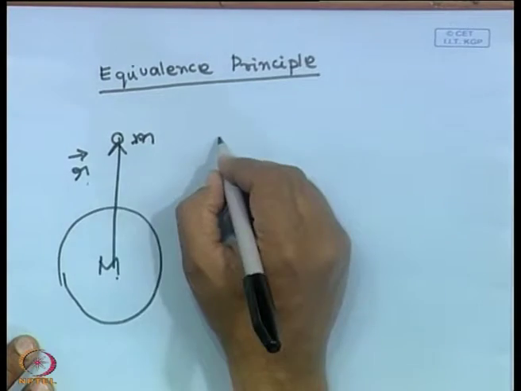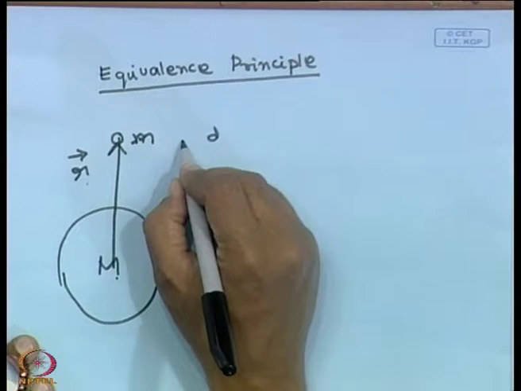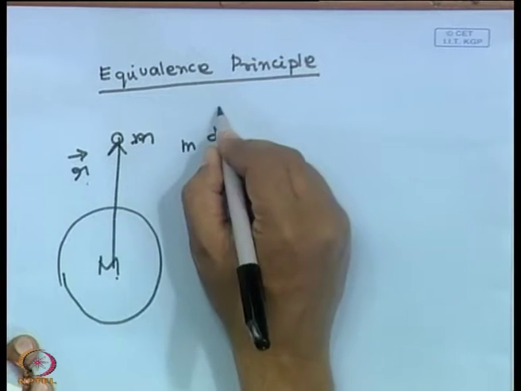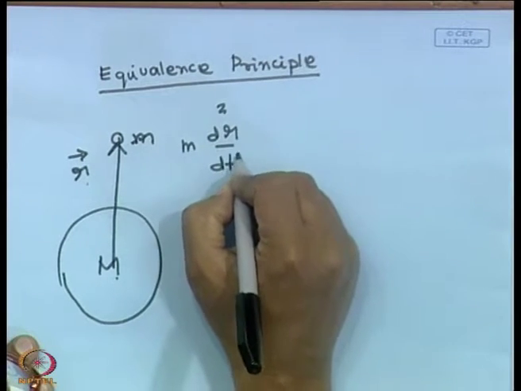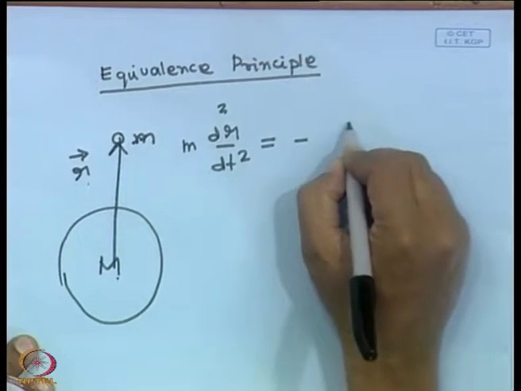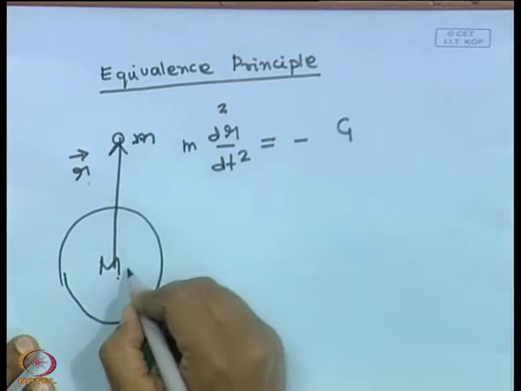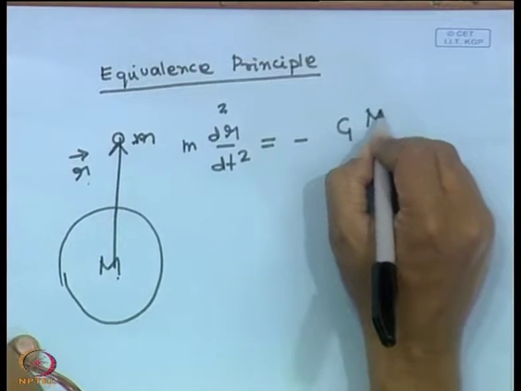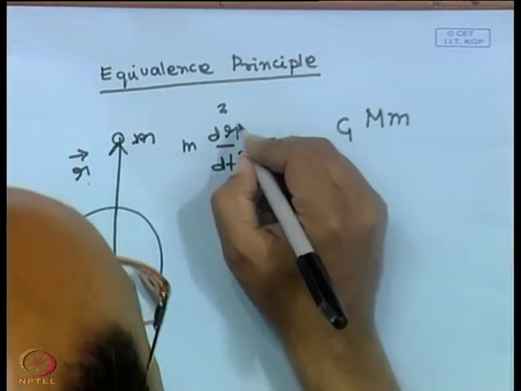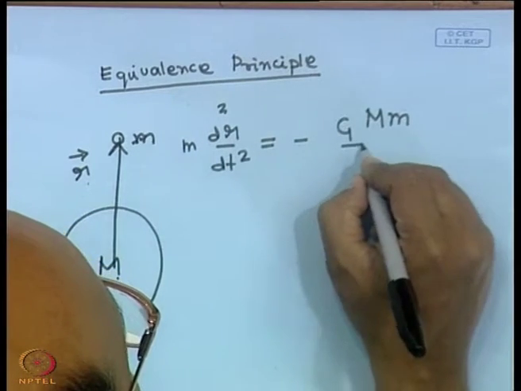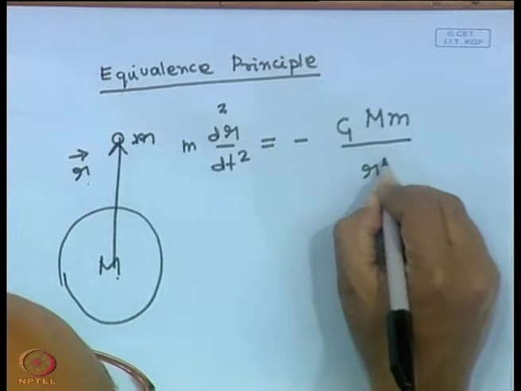The mass of this object times the acceleration will be equal to minus G, the mass of the two objects which produce the gravitational field, times 1 by r square. There is no need to write it in vector form.